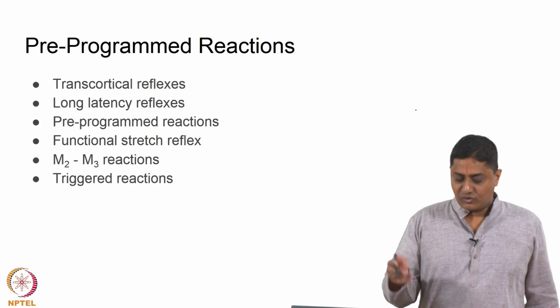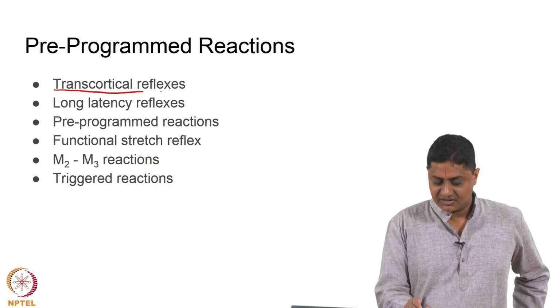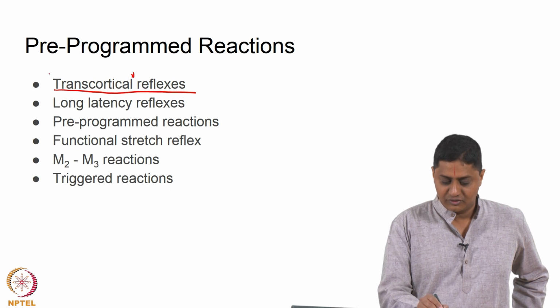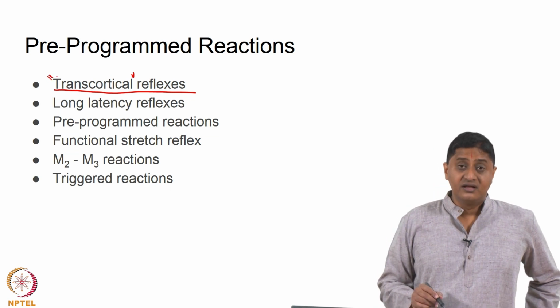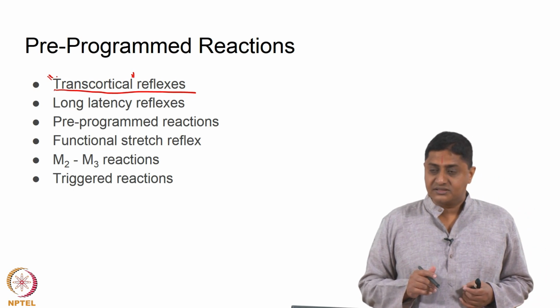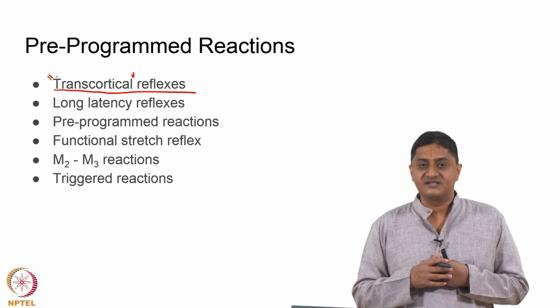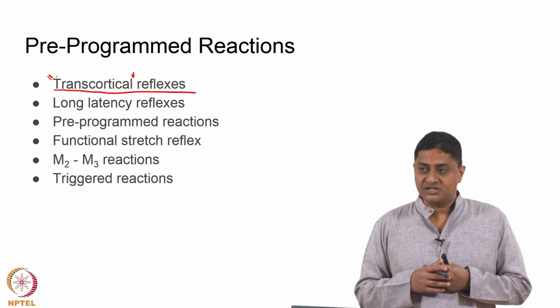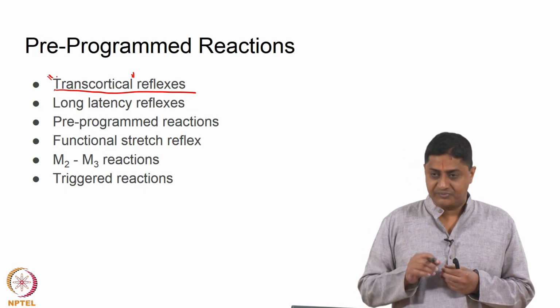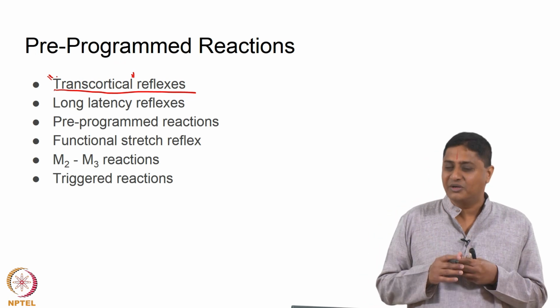There are so many names for pre-programmed reactions. They are also called transcortical reflexes. Although the transcortical nature of these reactions has been challenged, there are hypotheses that say that these pre-programmed reactions involve a cortical loop, which is why they are called transcortical reflexes. It is not clear what is meant by that.